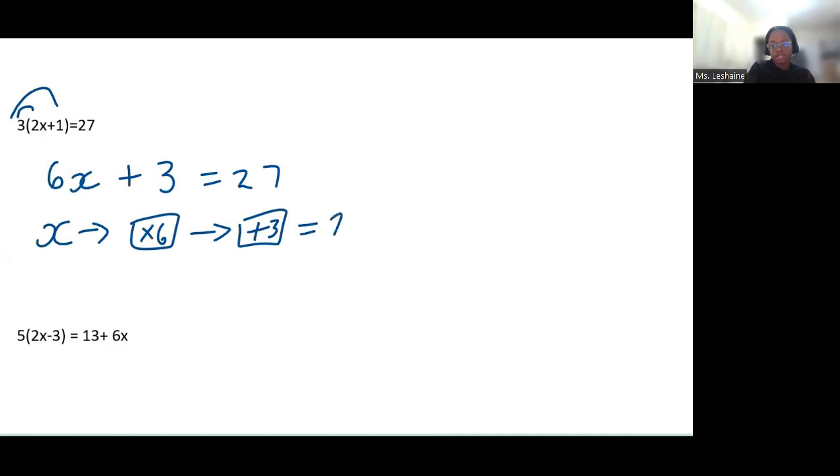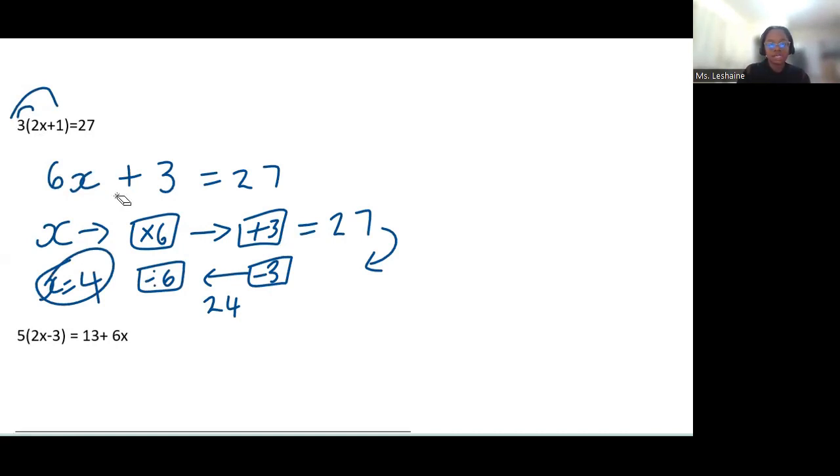And that gives me 27. Now, what is the opposite of adding 3? That is subtracting 3. 27 minus 3 is 24. What is the opposite of multiplying by 6? That's dividing by 6. So 24 divided by 6 means x is equal to 4.